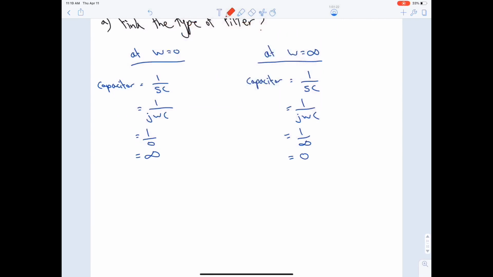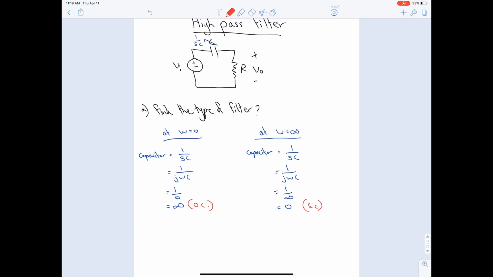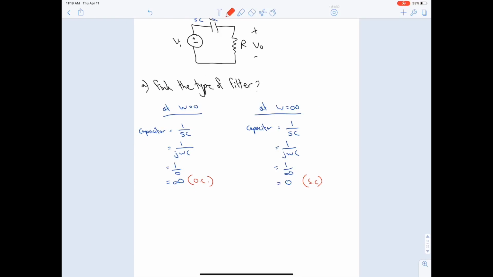Infinity is what? It's an open circuit, and 0 is a short circuit. Let's redraw the circuit. We have a voltage source. The capacitor became open circuit, and this is our resistance. Okay, same thing in here, but here we have a short circuit and a resistance.